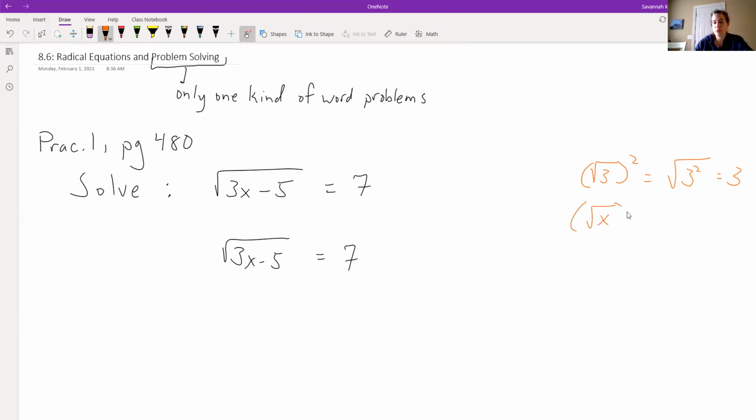More significantly, because we're dealing with x's in algebra, this technically equals the square root of x unless we know x must be at least 0, and they've been telling us that a lot.